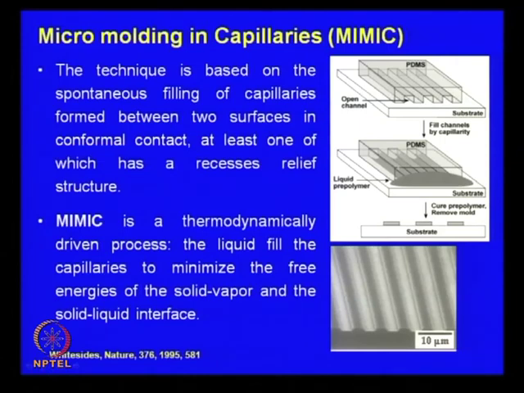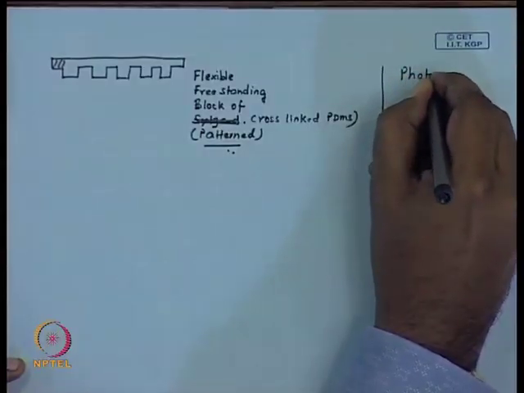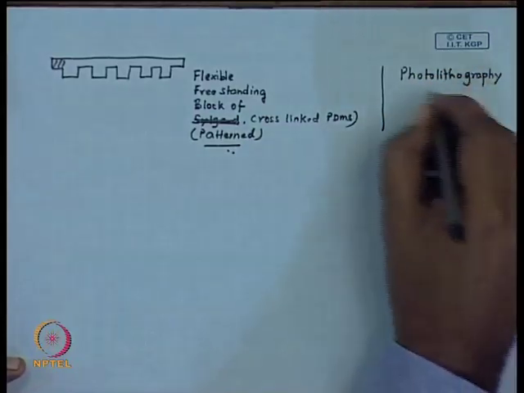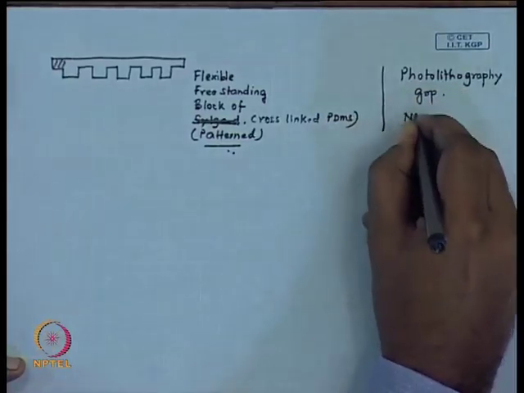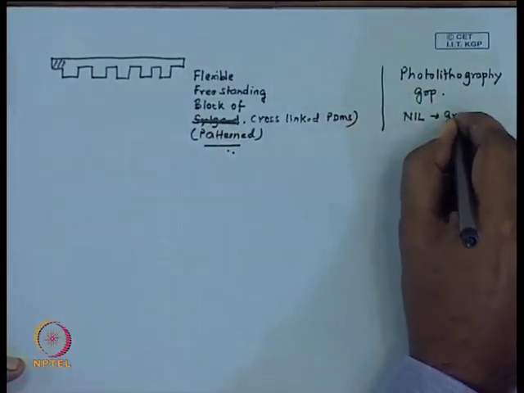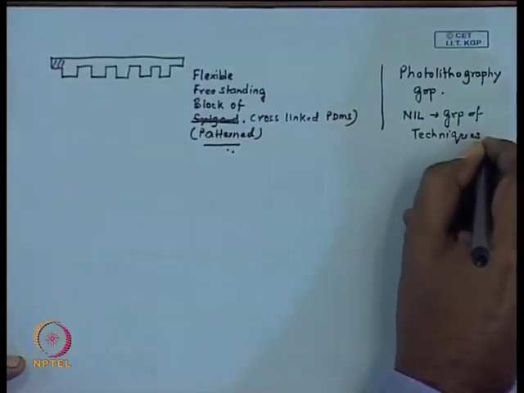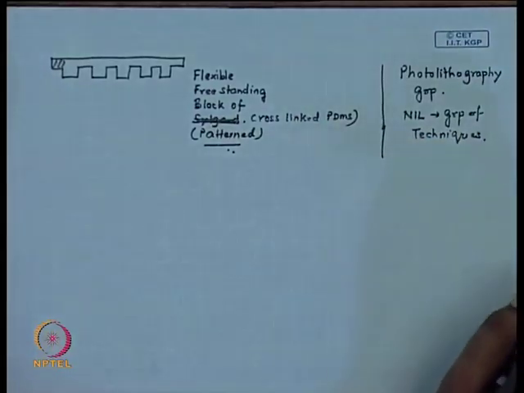And the first technique that we are going to discuss is micromolding in capillaries. Now, in comparison to all the techniques we have discussed so far, that is mostly the photolithography group of techniques, as well as the embossing or nano imprint lithography group of techniques, there is a significant implementational difference, I would say, in the way micromolding in capillaries or mimic is executed.